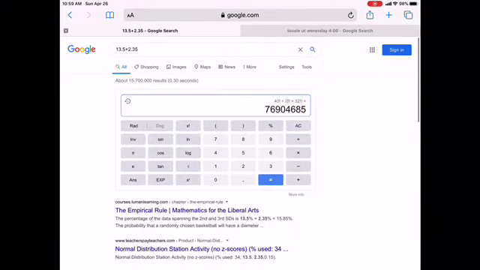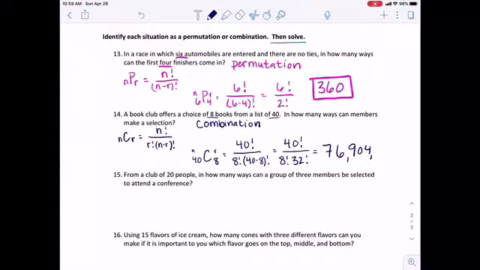I forgot those last 3 digits, 685. Which is a lot of ways that I can select 8 books from a list of 40. So now that you've seen that, go ahead and try the rest of these problems.